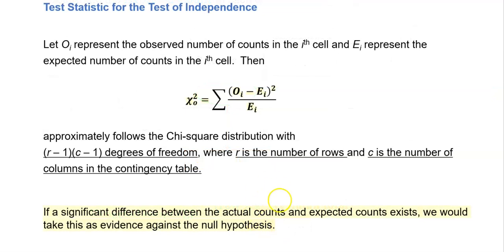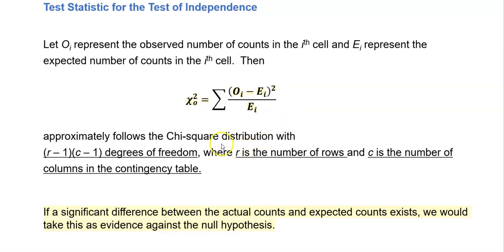Now, once we calculate the expected values using the formula, again we calculate the observed value of the test statistic. It is the squared deviation of observed values from the expected values divided by expected values, summed over all the cells. And this test statistic again follows a chi-square distribution.